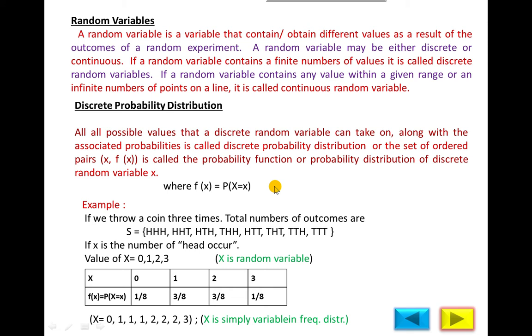Height, weight, temperature are continuous variables. Number of students, number of patients are discrete variables. In general, we use the alphabet X. X is a variable in general. But this is the random variable.